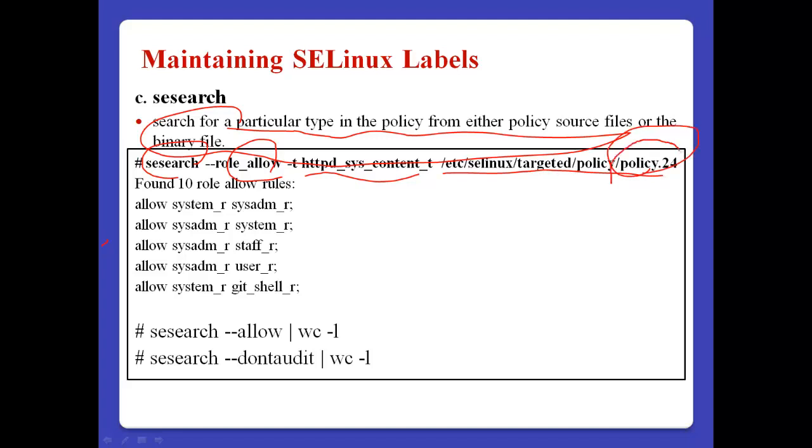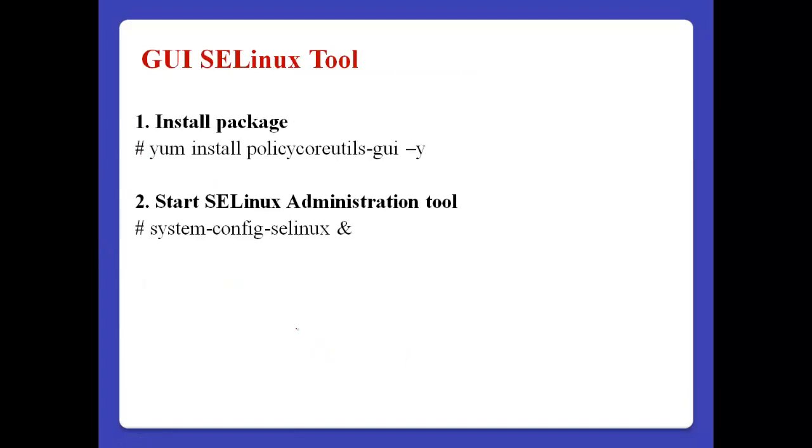This is an SELinux policy file. Then we can see some results. If we want to search only the allows, we can use this option, and for dontaudit, we can use this kind of option as well.